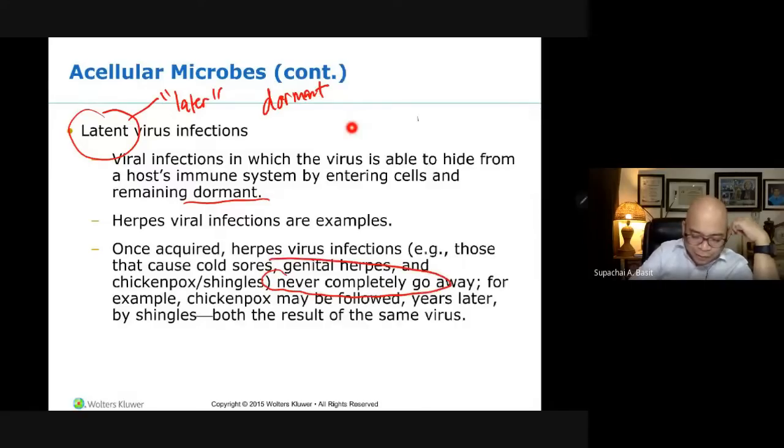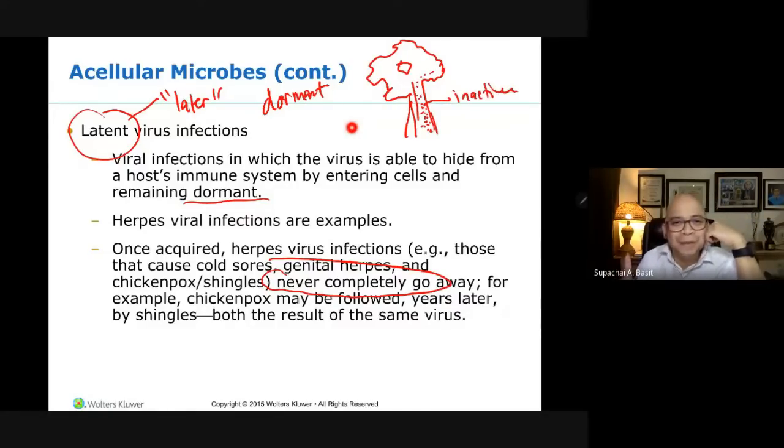So for example, if you had chickenpox before, this is the neuron, the nerve fiber. Some of the viruses will simply hide inside the nerve fiber, wherein they become inactive for several years.